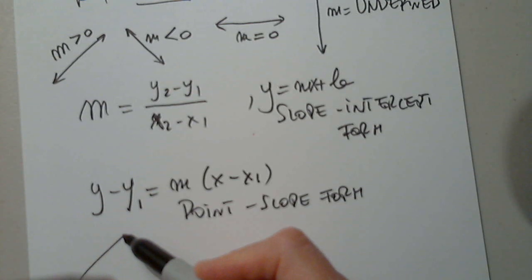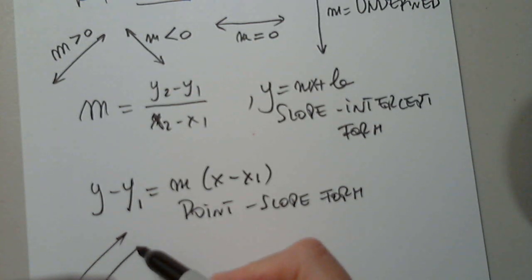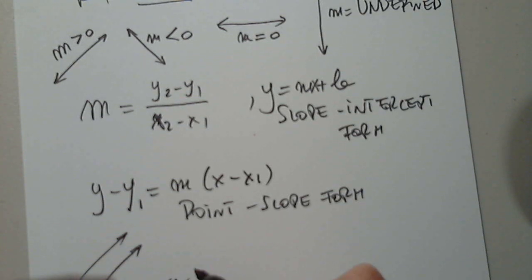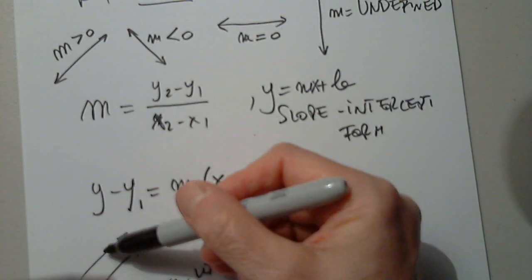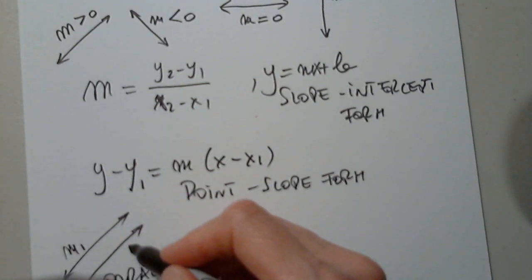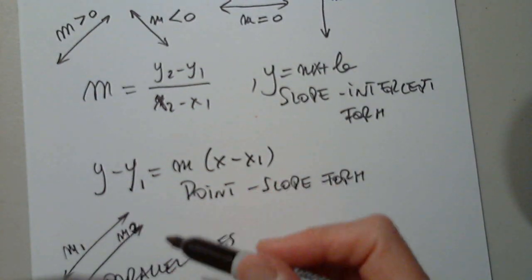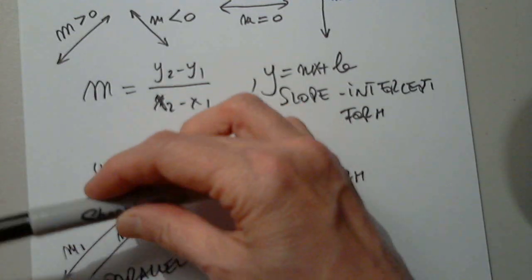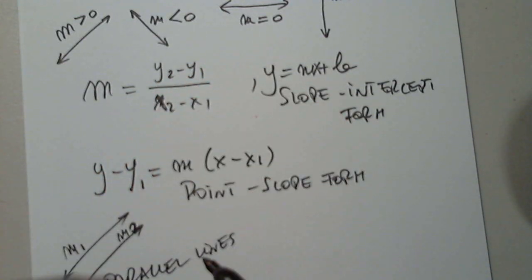Now, two lines are parallel. Anyone remembers parallel lines? What is the slope? m1 and m2. What is the relationship between m1 and m2 if the two lines are parallel?